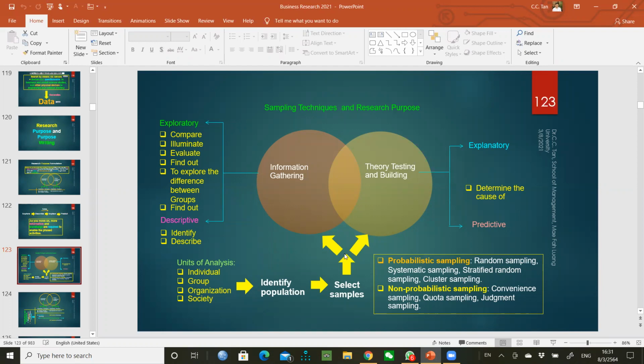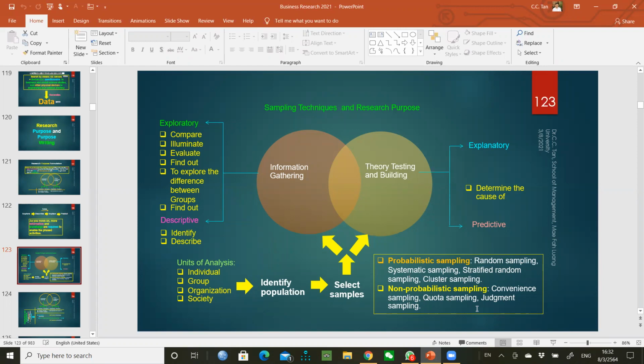Okay. And when you select the samples based on the aligned populations, the meaningful populations that you want to involve in information gathering and theory testing, there are two predominant domains of sampling. One is the probabilistic domain, which you have already studied in statistics, so we probably need not go through it.